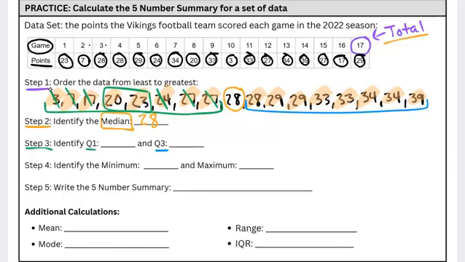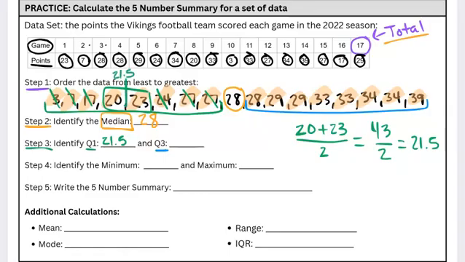To make the 2 middle numbers into one middle number, we're going to add them up and divide by 2. 20 plus 23 is 43. We divide that by 2, and we get 21.5. So that would be our Q1 value, 21.5.